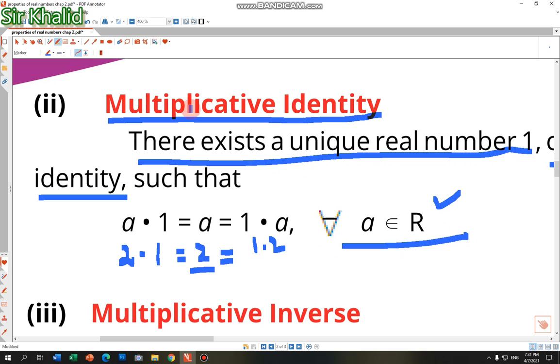So the multiplicative identity for real numbers under multiplication is 1. Don't forget this, because it is a very important MCQ, that the multiplicative identity is 1.